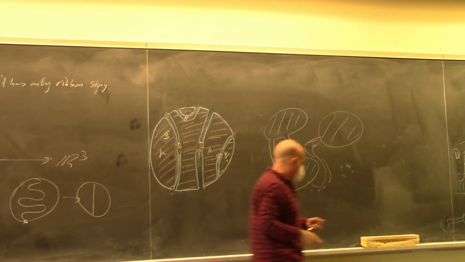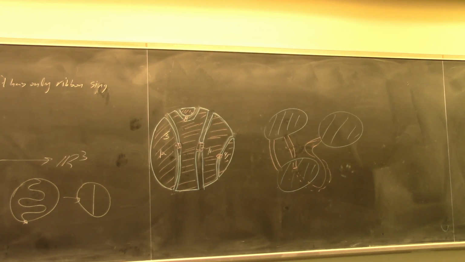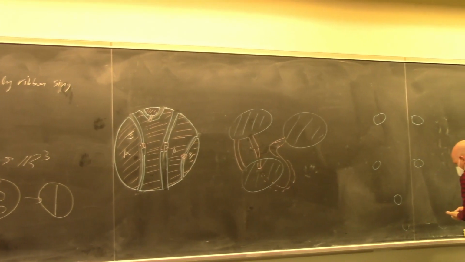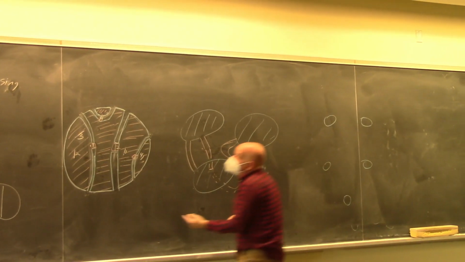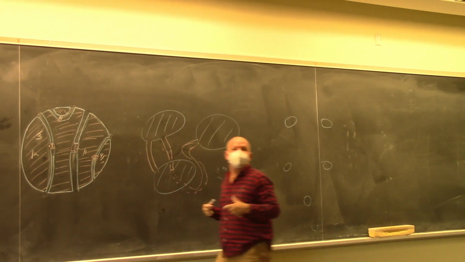So our knot is now a thickening of a graph, which is a tree, because the overall thickening is a disk.